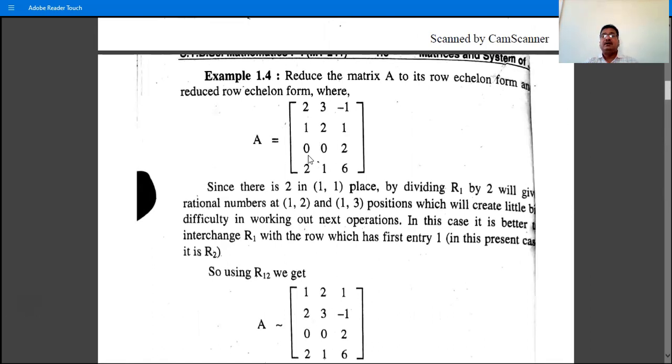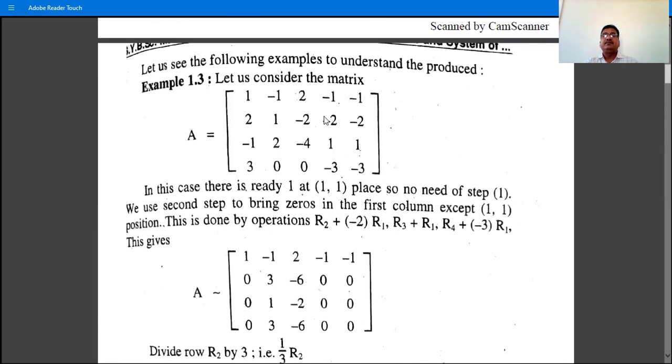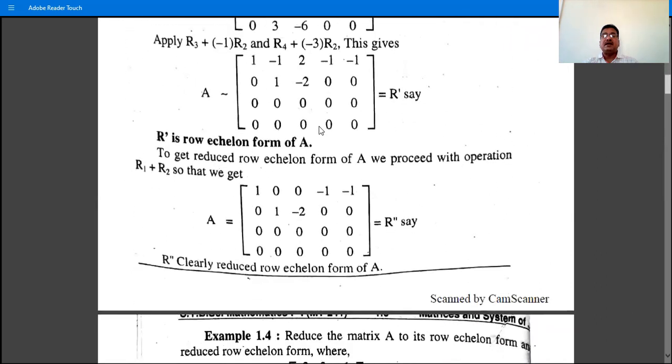So if we take an example for rank as this matrix, reduce this matrix to its echelon form. So this is the echelon form of the matrix. How many non-zero rows are in this R dash? This is a non-zero row, this is a non-zero row, while these two rows are zero rows.